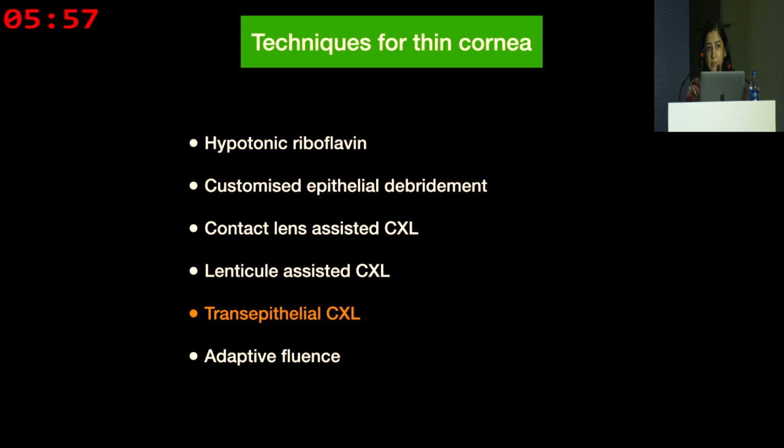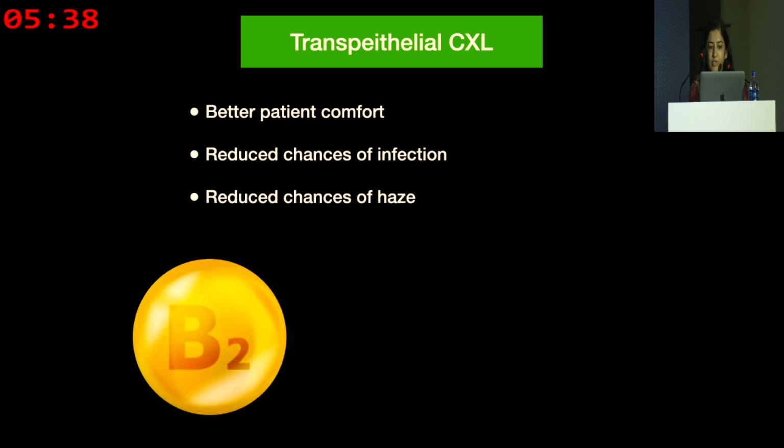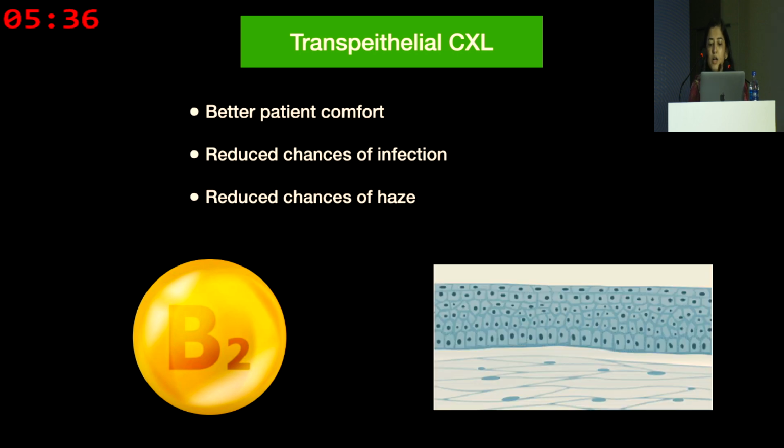And again, a comparison with the conventional technique. Then next, coming to transepithelial collagen cross-linking. So not removing the epithelium does provide better patient comfort, reduced chances of infection, and reduced chances of haze. A lot of people prefer that in pediatric keratoconus as well, but it comes with its own challenge. So riboflavin being a macromolecule, penetration inside the intact epithelium and into the stroma is compromised.